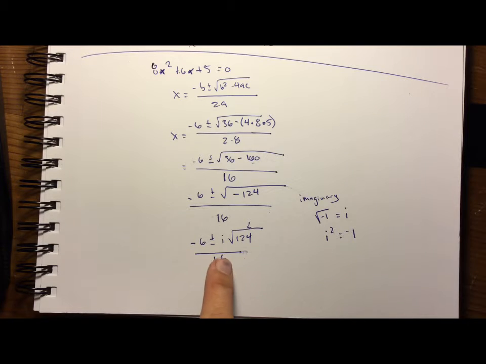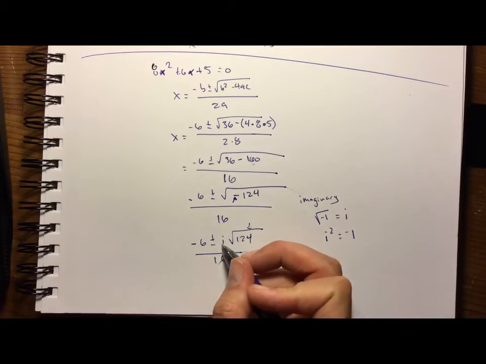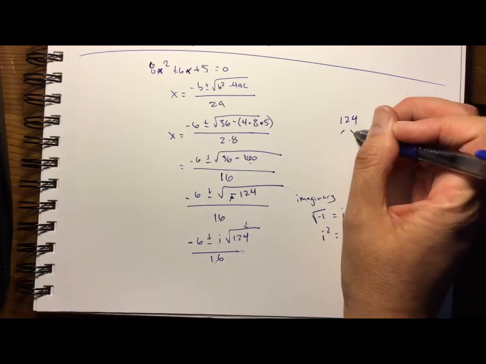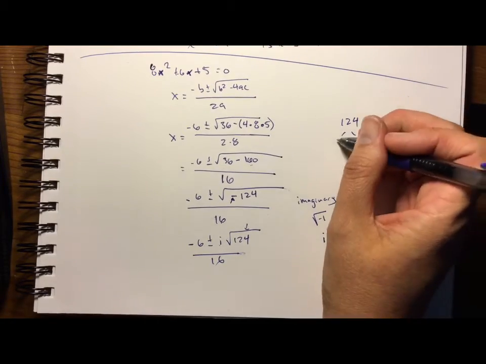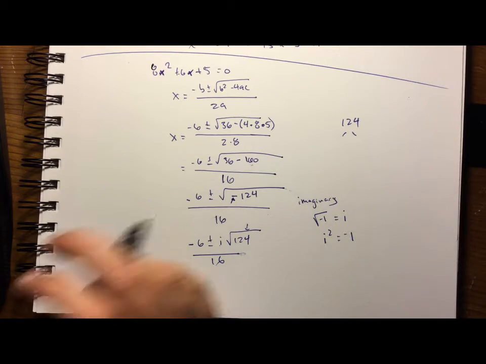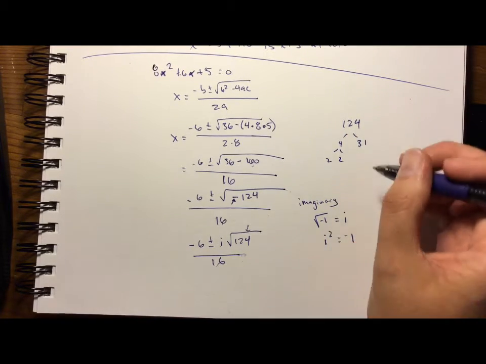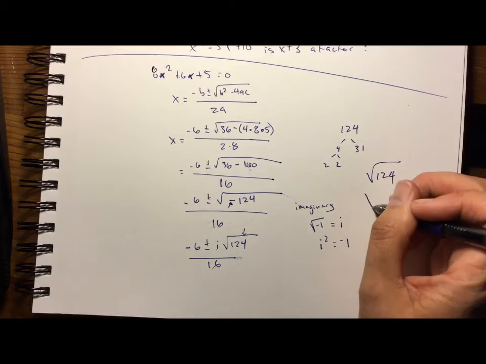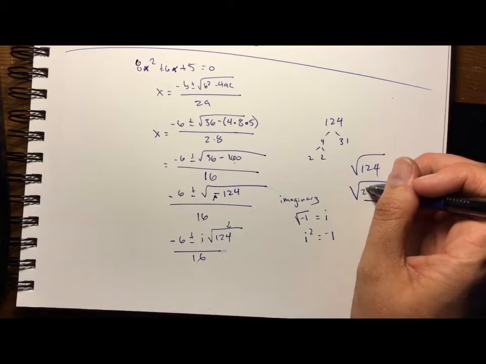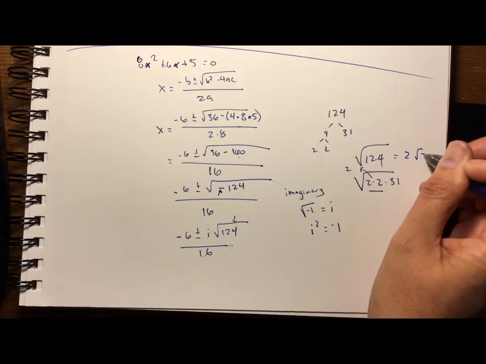The point being that anytime you have a negative under the radical, that's an i. Let's simplify this down more by saying, can I simplify 124? We did this by dividing by things that are squares, like 4 and 31, so 2 and 2, which means 124 under the radical is the same as 2 times 2 times 31, and since we have a pair, I can pull out a 2, so this becomes 2 root 31.